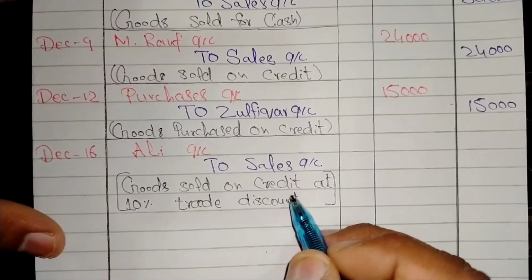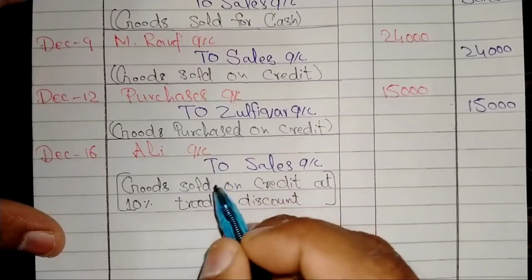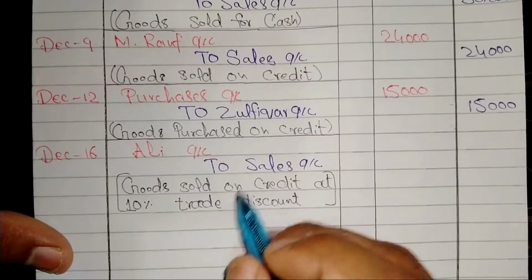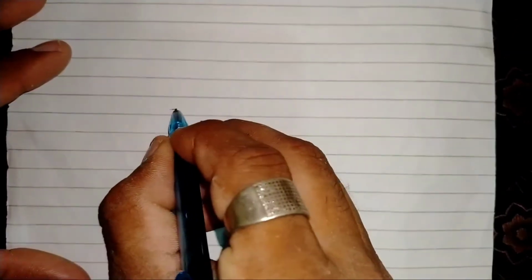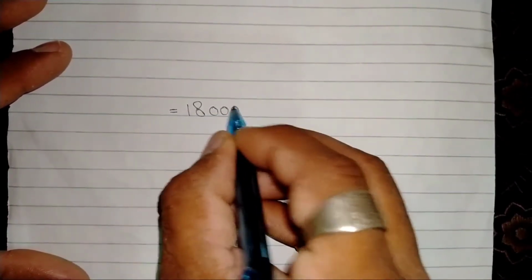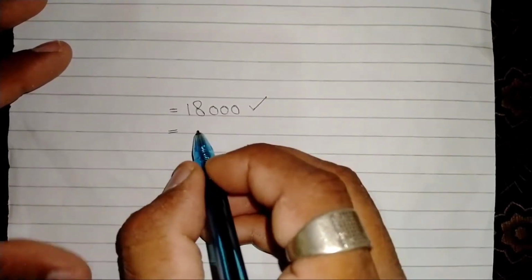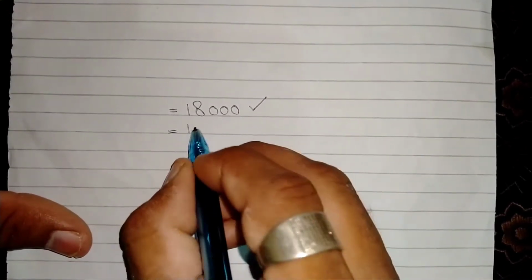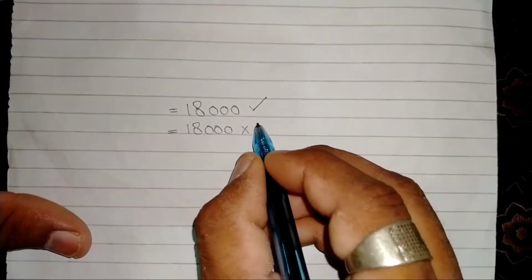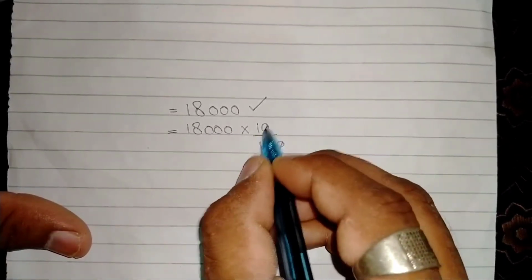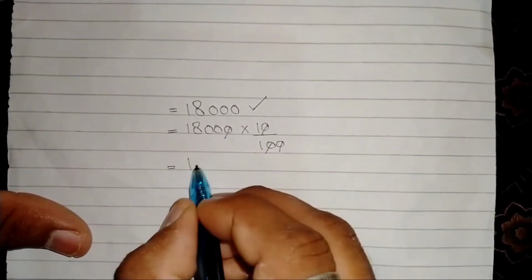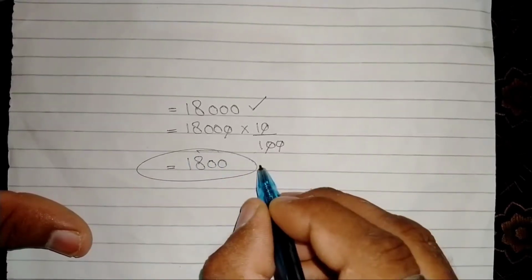We will find the actual sales amount, less the 10% discount, right now. The total selling amount is $18,000. Clear? We will deduct the 10% discount. The 10% discount on $18,000 is $1,800. Okay?